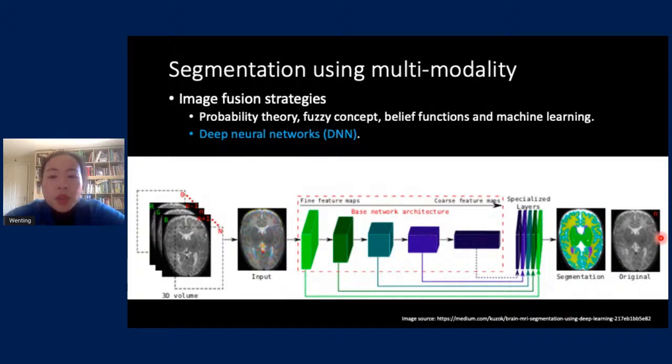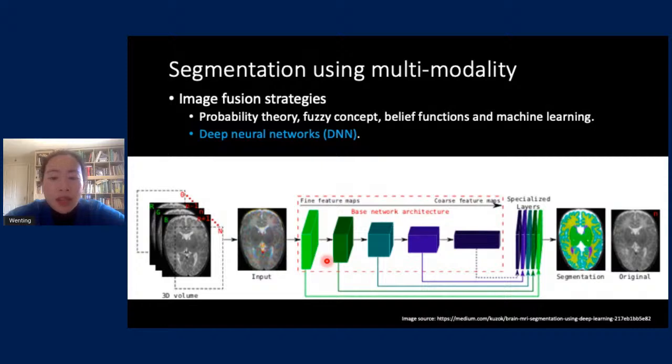Deep neural networks learn feature representations from the data automatically in an incremental way. That's why you see here there are lots of layers. You go into the first layer and then move on, extracting features from low level to high level incrementally. The first several layers extract low-level features, such as edges and gradient orientations in the image.